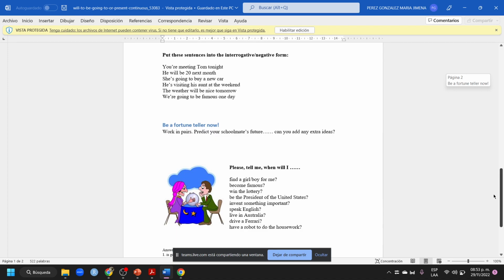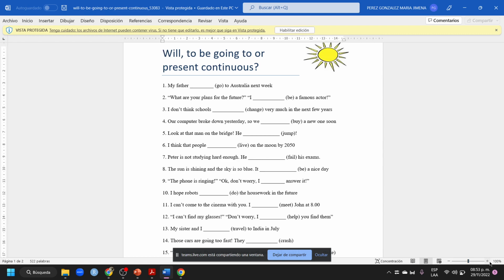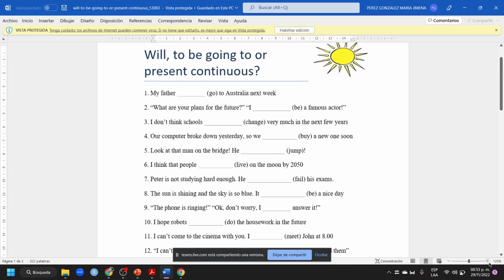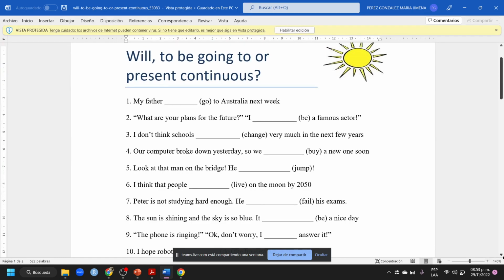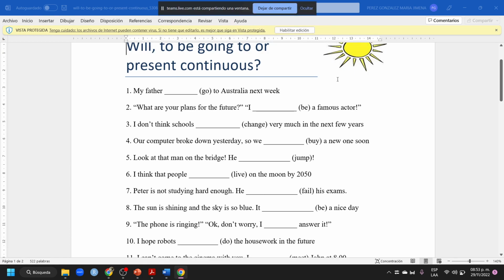Okay, we're going to do only number 1 to number 10. Can you see number 10, Kenny? Yes. Okay. So we are going to do the activity 1 to 10. If you have questions or comments, you know that you can ask me, okay? When you get ready, tell me. We are going to use future in 3 ways: will, be going to, and present continuous.